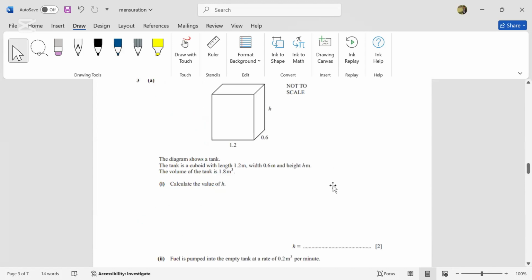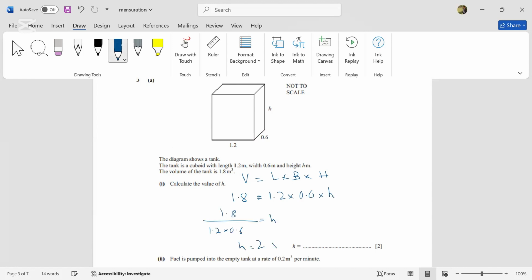The diagram shows a tank. The tank is cuboid with this. The volume is given. We need to get the volume of cuboid. Again, the formula is not here, so we must have an idea of the formula. 1.8, length is, in case of cuboid, it doesn't matter much which is your length, breadth, and height as far as volume is concerned. 2.5 centimeter.